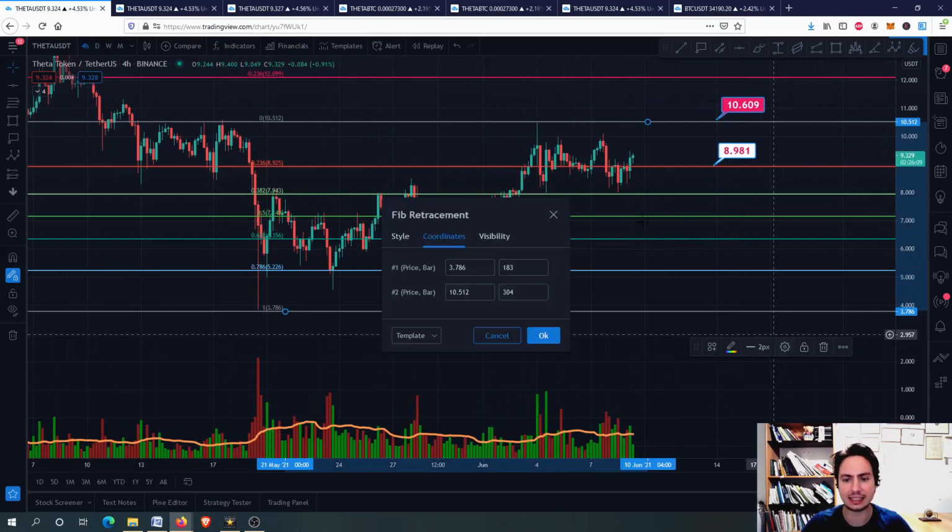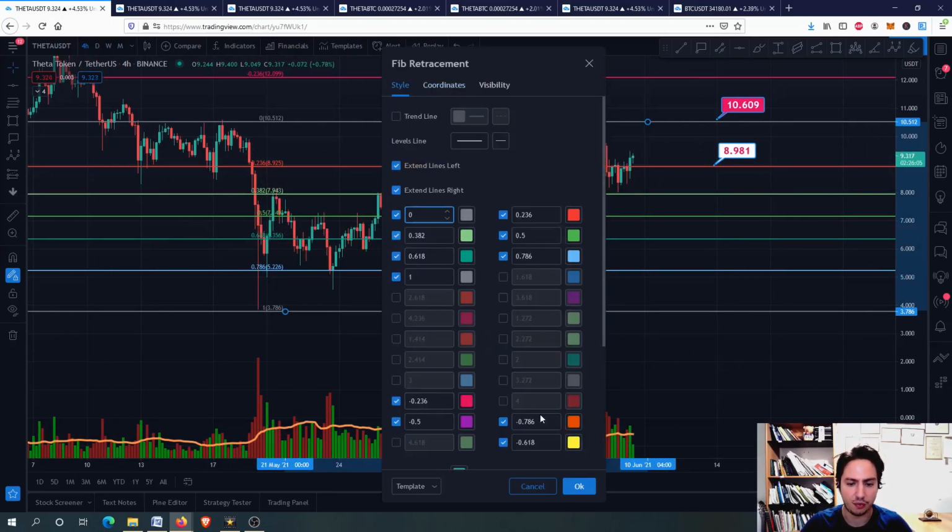My settings, on the style, I have four other numbers: the minus 0.236, here I have the minus 0.5, minus 0.618 and minus 0.786.